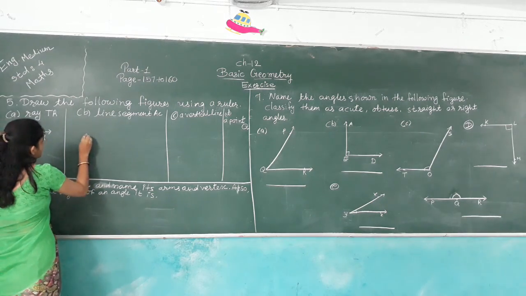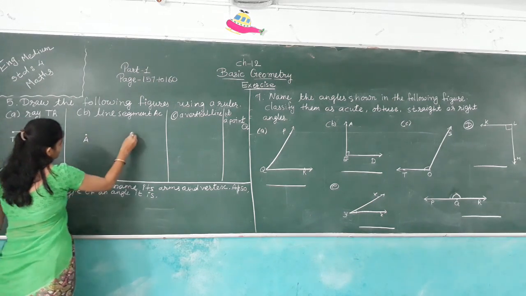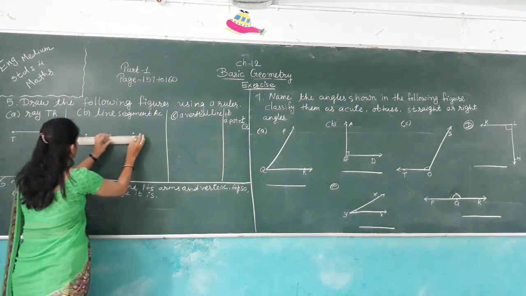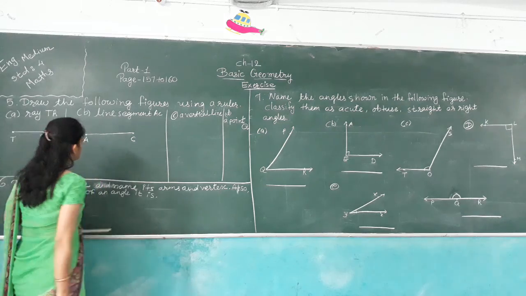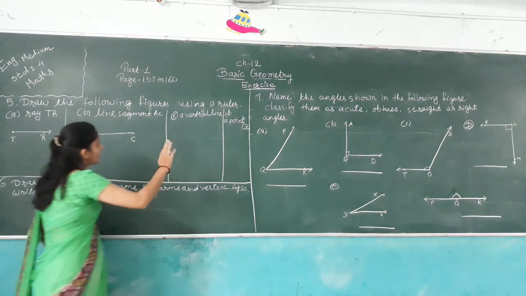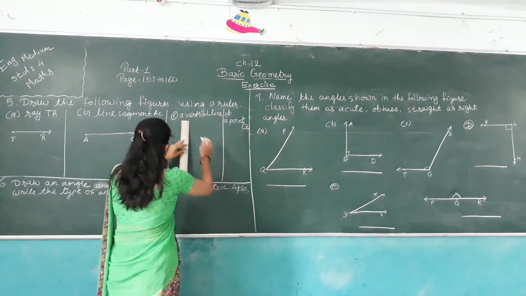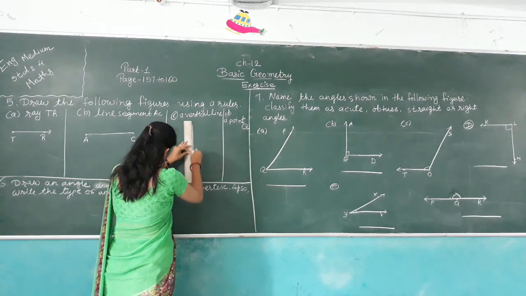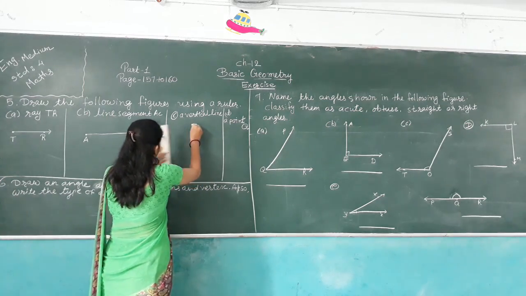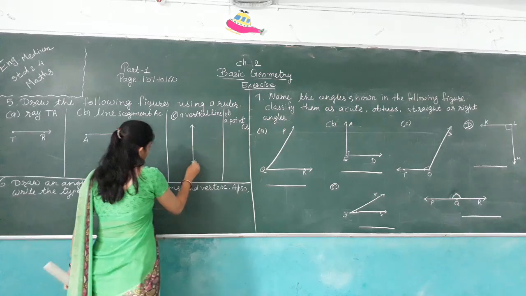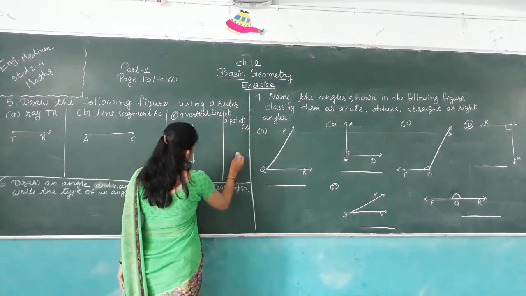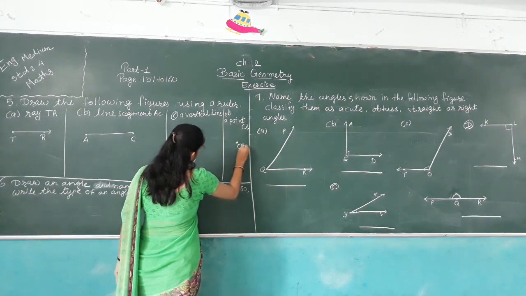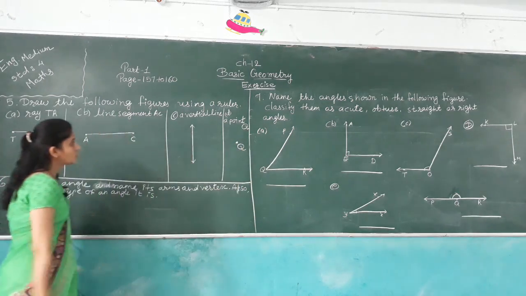Line segment AC: point A and point C, you join them, and it makes line segment AC. Vertical line: this one is a vertical line. Only a point Q: point Q.